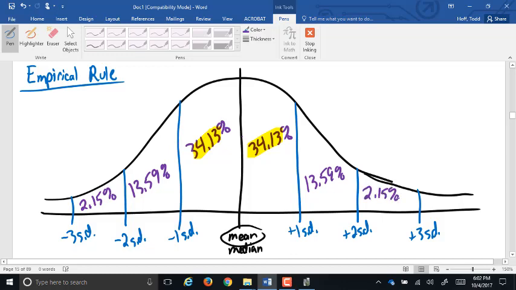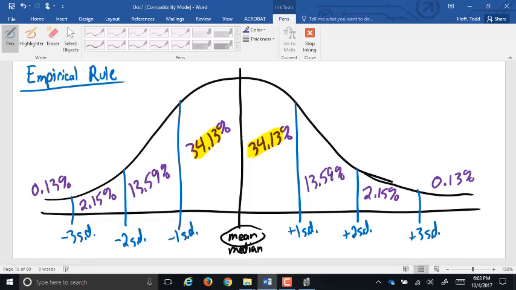And finally, outside of 3 standard deviations is only 0.13%. Well, let's make this a little bit clearer, hopefully. This is general. This is always true. What would change would be the numbers we end up putting in here in place of those general labels.